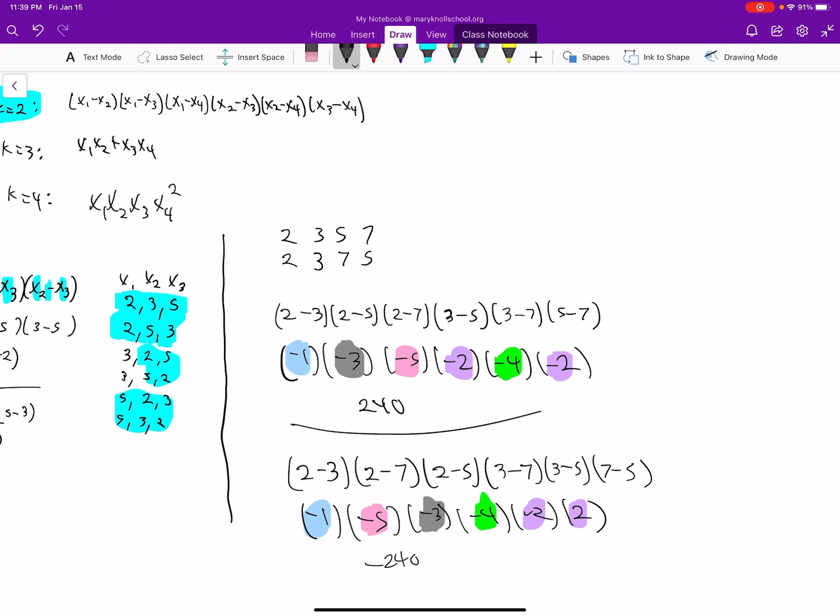So look at this purple one right here. That's a 2. Here we get a positive 2. Here's a 4, 4. 2, you get this 2. 5, you get this 5. Negative 3, negative 3, 1, 1. So what you end up with is all the same values. It's just that the positives and negatives can switch around. For example, the only one that was different here in this case was this negative and this positive.